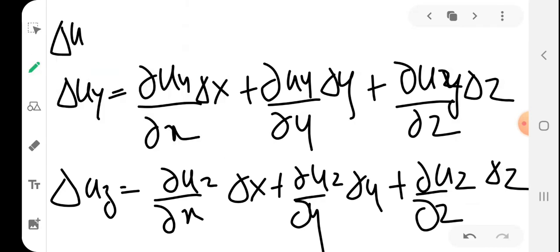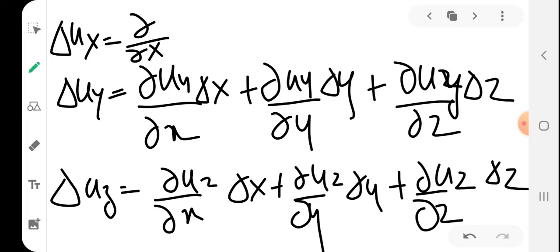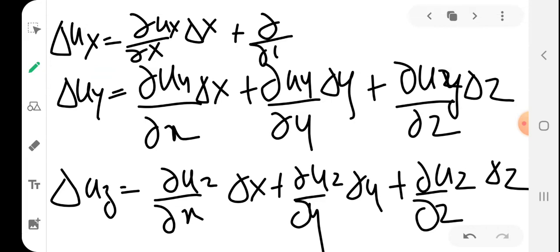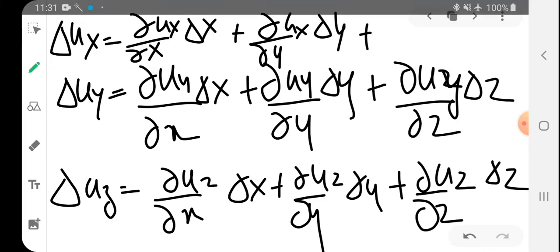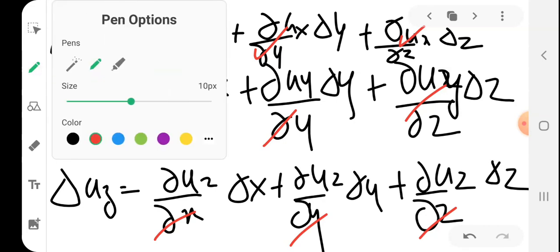Here delta ux is nothing but dou by dou x of ux delta x plus dou by dou y of ux delta y plus dou by dou z of ux delta z. Note down that there are a total of 9 differential terms here. Note down all these 9 differential terms.